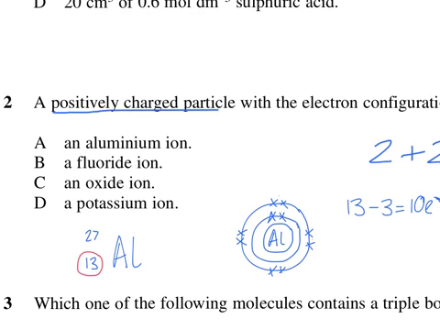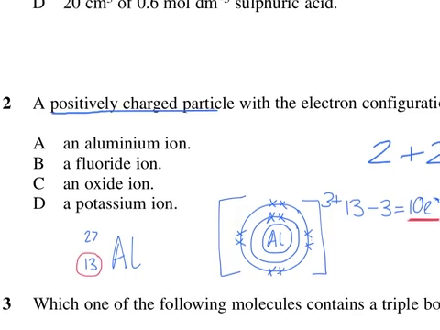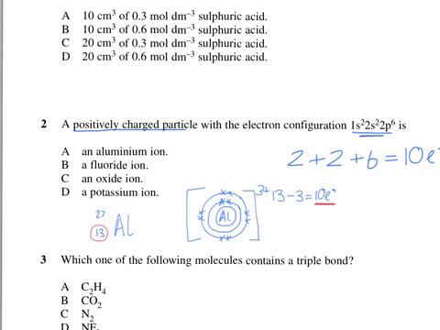Each electron carries a negative charge, so our aluminium ion, because it's lost 3 electrons, has a charge of 3+. So here we've got our answer because we've got an ion that has 10 electrons, the same configuration as 1s2, 2s2, 2p6 in the question, but also a positive charge. So our answer is A.